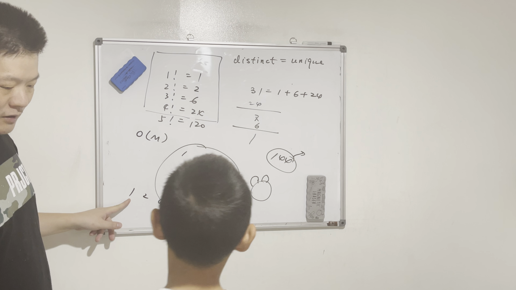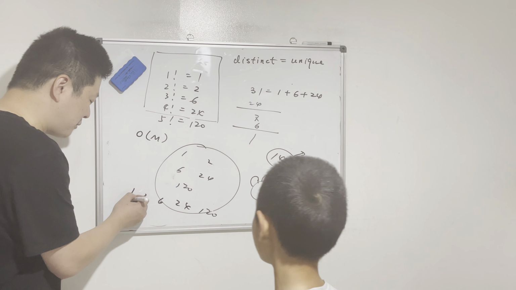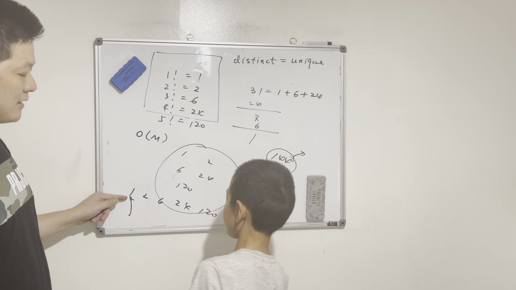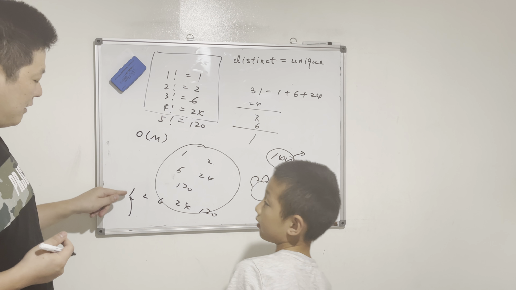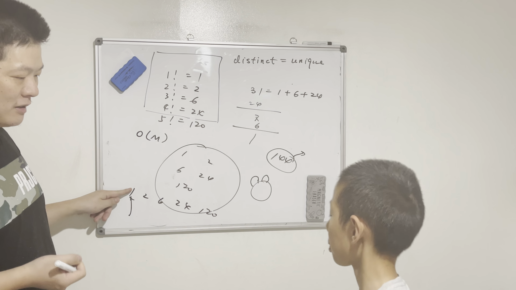Take item 1, weight 1 kilo. Two choices: pick it or not pick it. Then we can use this strategy to try each possibility.